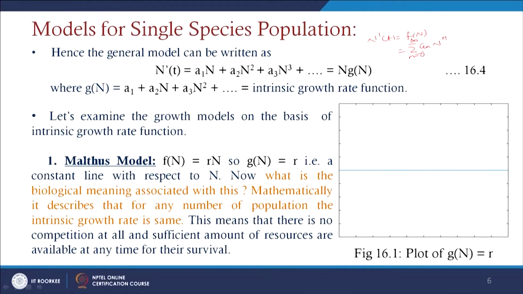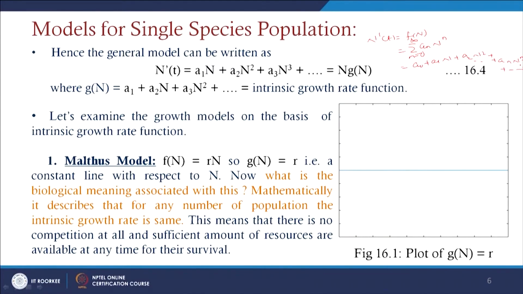So, then we can find the expansion as a 0 plus a 1 n plus a 2 n square plus, up to the nth term, it will be a n n to the power n, plus all other factors.